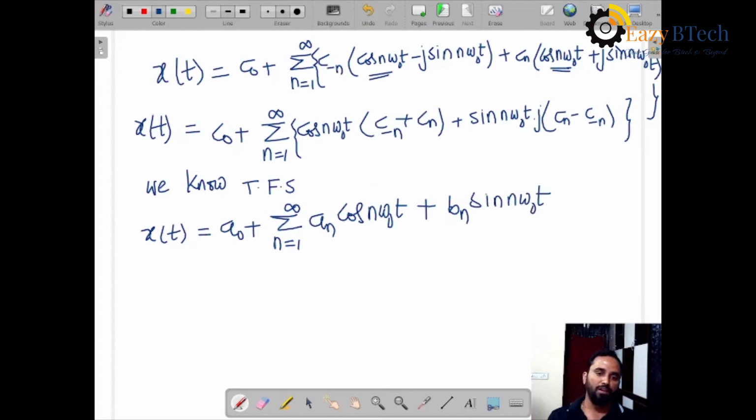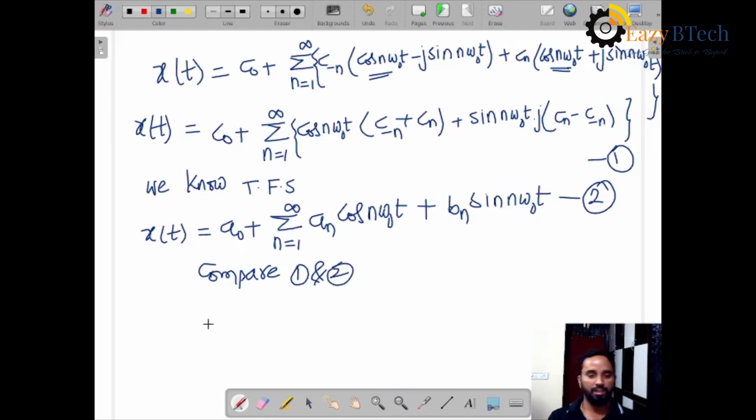Now compare these two. Suppose this is 2 and what we have earlier is 1. On comparing 1 and 2, these are the results we get.